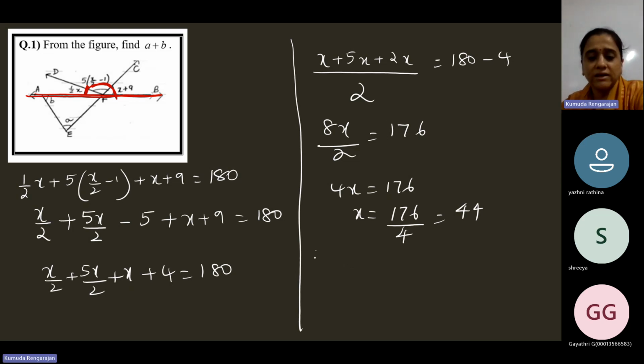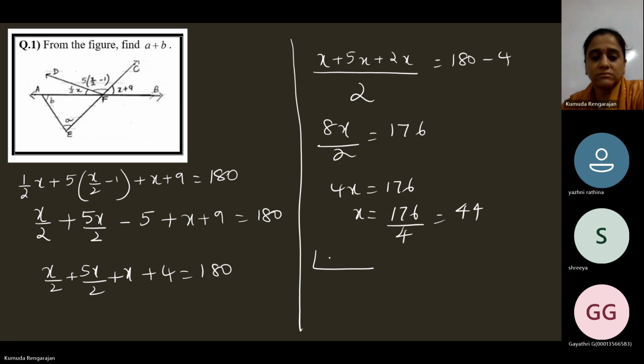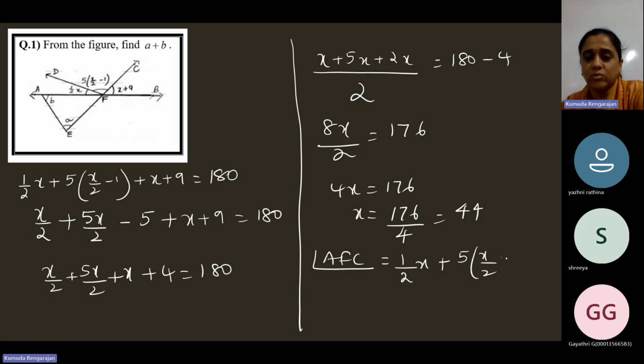Now we'll find angle AFC. What is AFC? Half x plus 5 into x by 2 minus 1. So half x meaning half into 44, plus 5 into 44 by 2 minus 1.